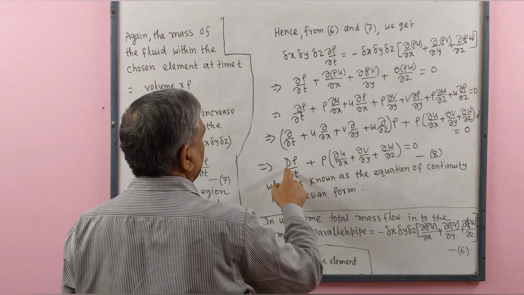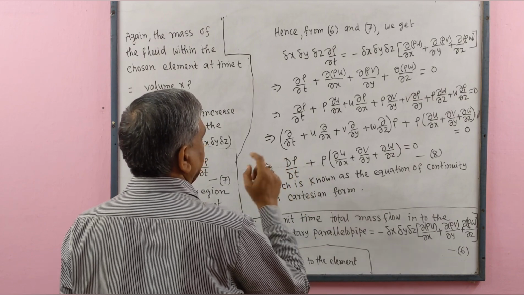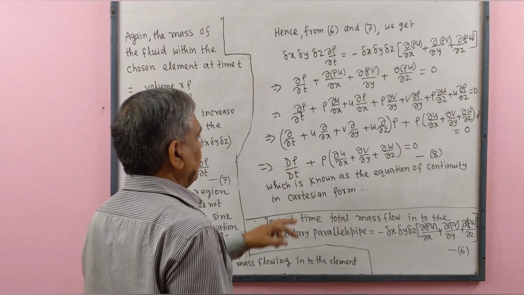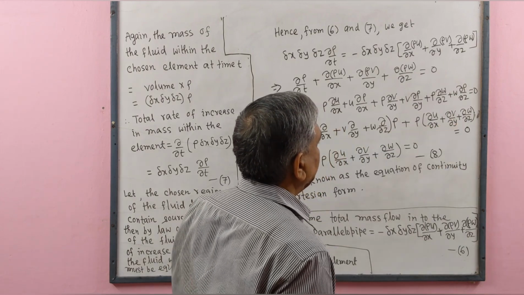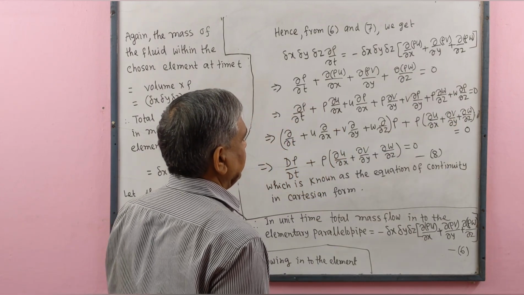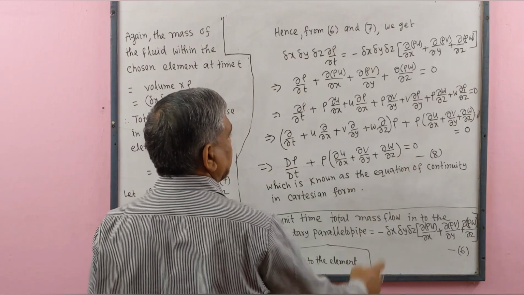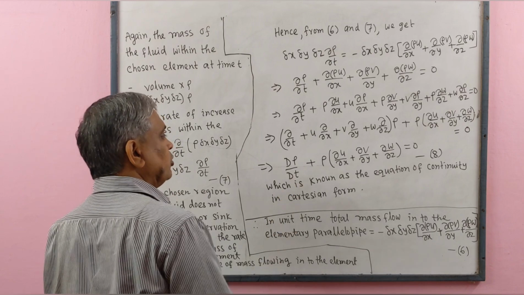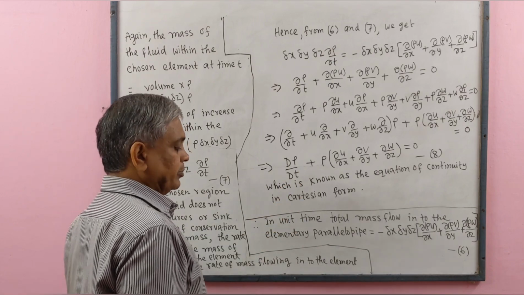We use capital D for this: D rho by Dt plus rho times del u by del x plus del v by del y plus del w by del z equal to 0. This is equation number 8, which is known as the equation of continuity in Cartesian form.